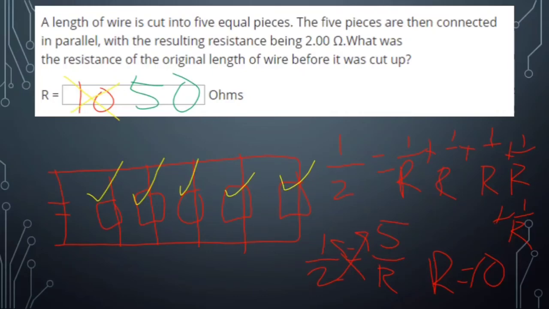If they were in series, if they were all in one line, 1, 2, 3, 4, 5, it'd be 10 plus 10 plus 10 plus 10 plus 10.